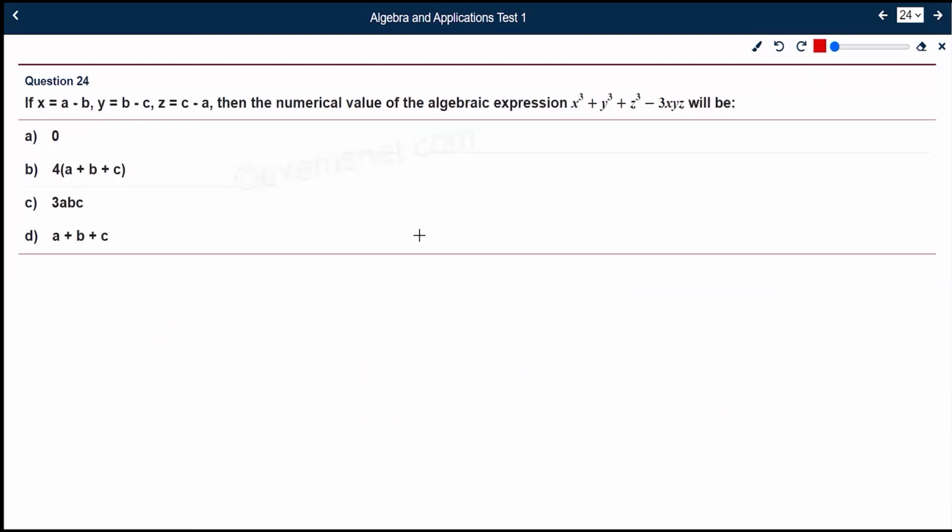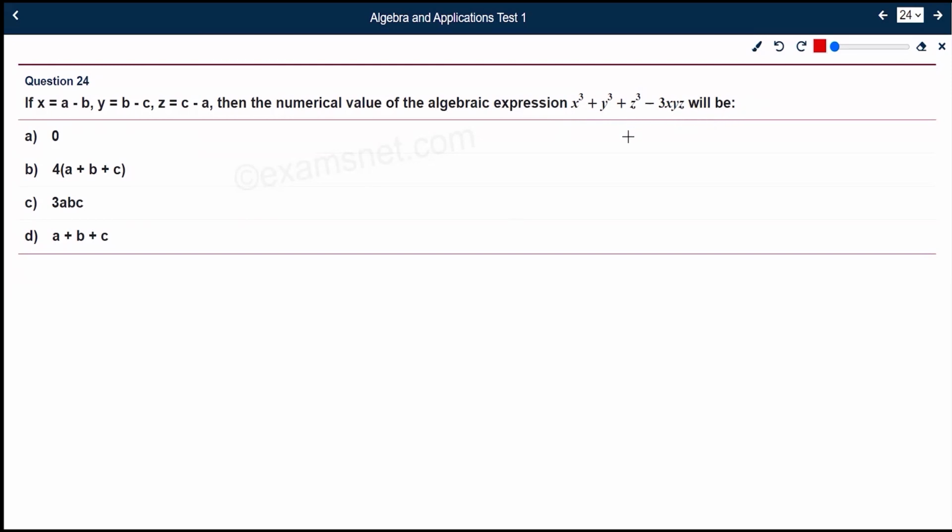So here, question number 24: if x equals a minus b, y equals b minus c, z equals c minus a, then the numerical value of the algebraic expression x cube plus y cube plus z cube minus 3xyz will be.